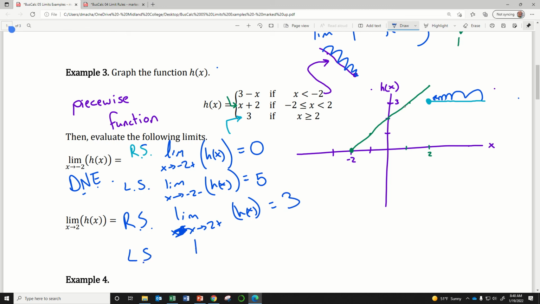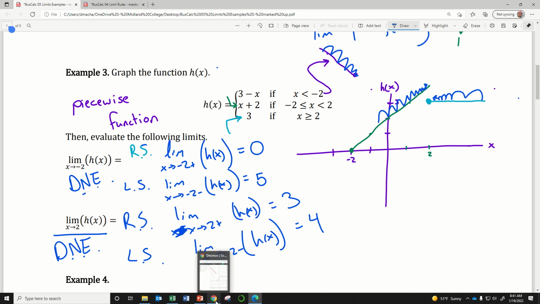And for my left-sided limit, as x approaches 2 from the left side, it's talking about this middle branch, and as I approach 2 from the left side, this middle branch is approaching the value 4. And so again, this two-sided limit that it's asking for does not exist because my two one-sided limits, the right side and the left side, don't agree.